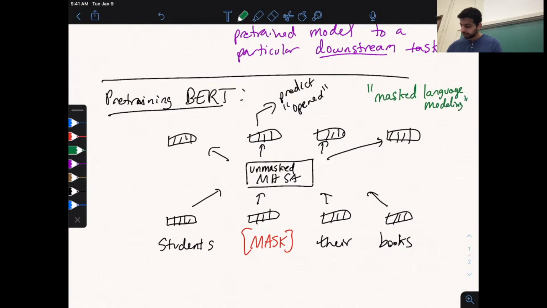modeling. So instead of predicting the probability of a word given all of the previous words, here we're trying to predict the probability of word sub i, which is the mask token, given all of the unmasked words before i and all of the unmasked words after i, right?